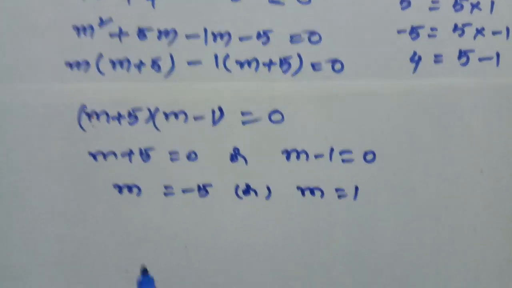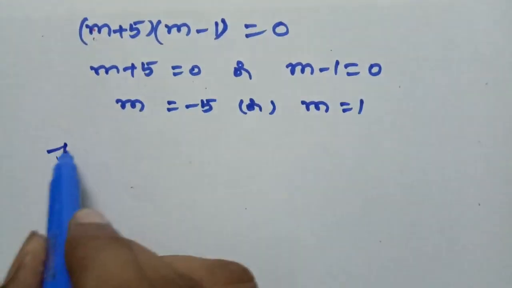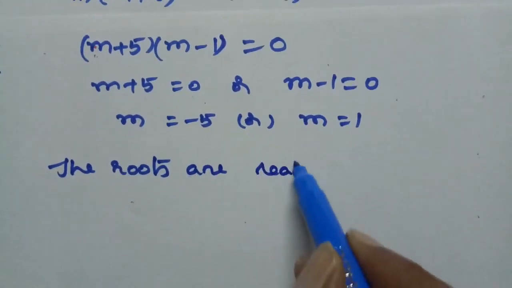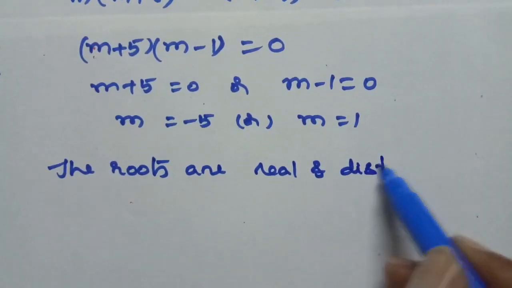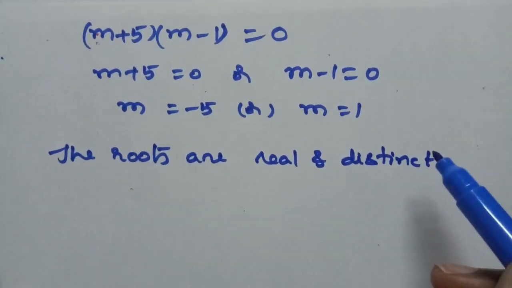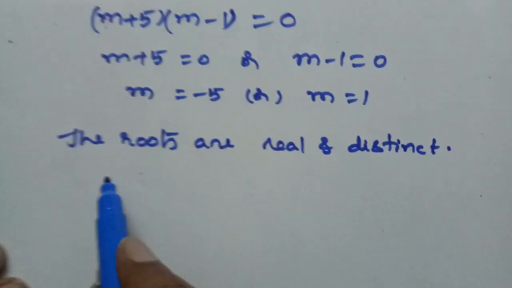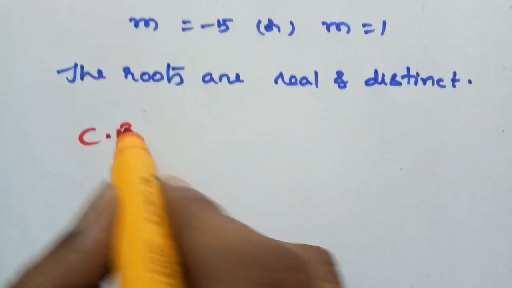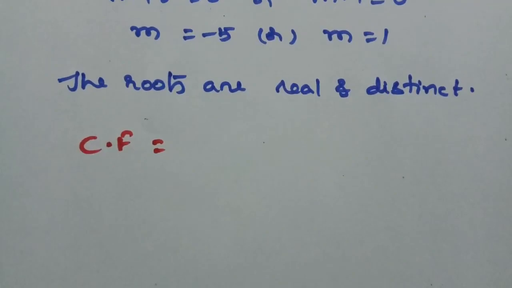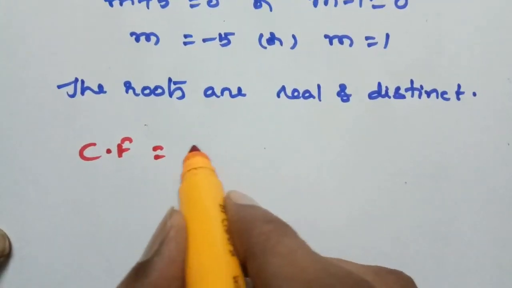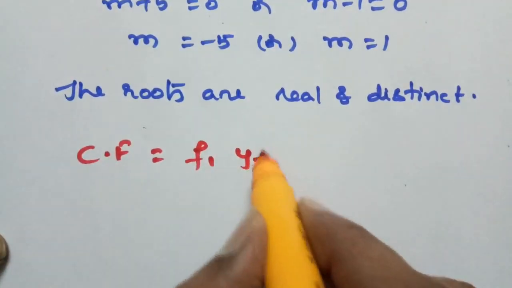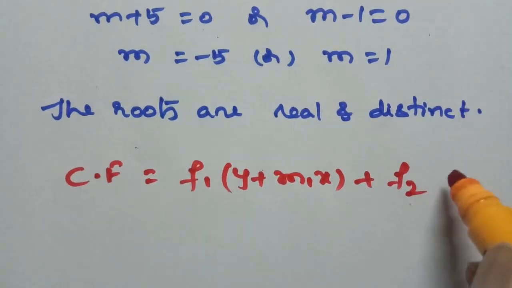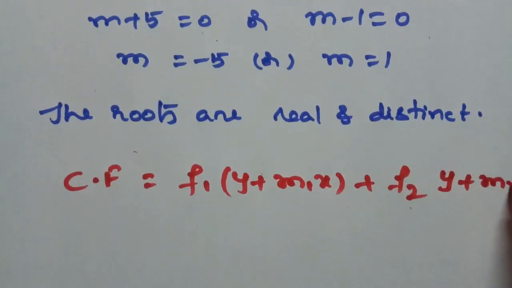Therefore, the roots are real and distinct. This is case 1 of the complementary function. Therefore, CF is equal to f1 of y plus m1x plus f2 of y plus m2x.